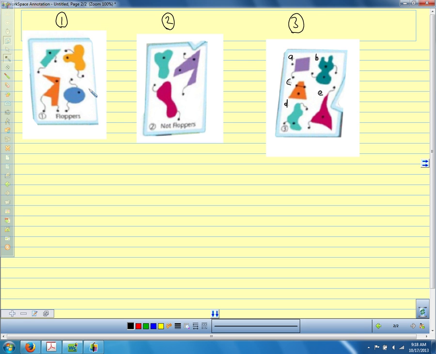It doesn't have the leg thingies. So this one wouldn't be. How about D? A couple of people are nodding yes, a few more people nodding yes. So we think that one's a flopper. So D is. How about E?